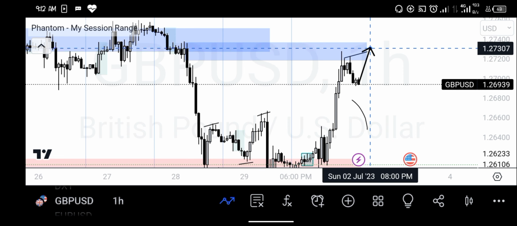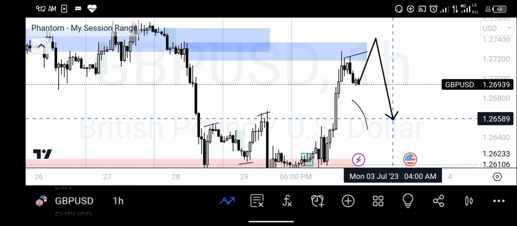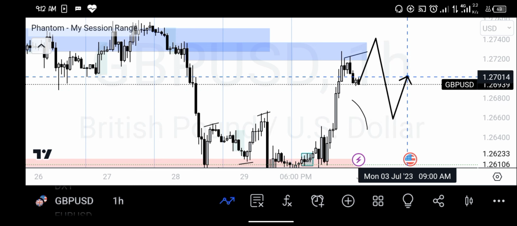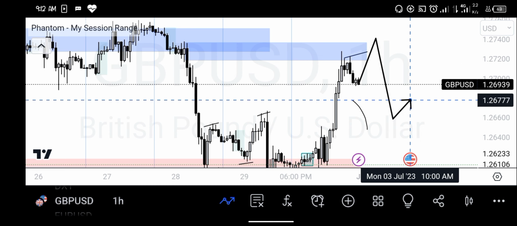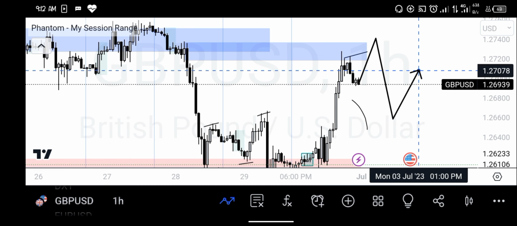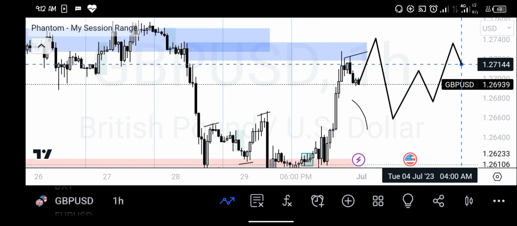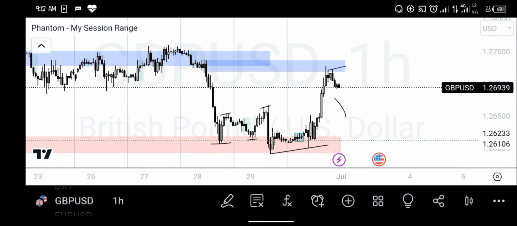So I'm expecting something like this on Monday and down to this imbalance here. Then from there, we can know if we should continue with our bearish or bullish momentum. So if price ultimately does this, I'm expecting it to continue going higher and so forth. But let's just look at the supply and demand.